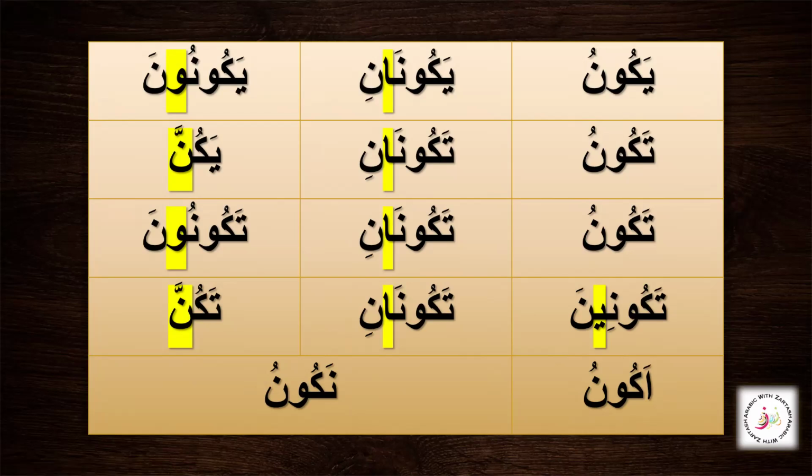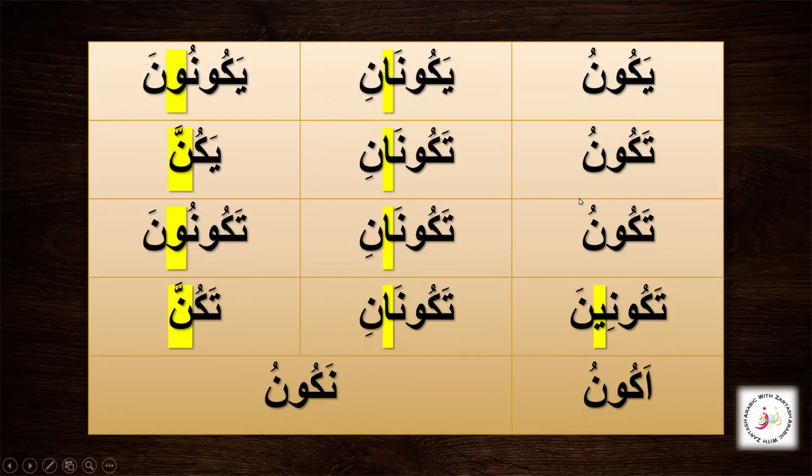Again, for yakunu and takunu, akunu and nakunu, we have damir mustatir huwa, damir mustatir hiya, damir mustatir ana, that is the ism of kana, and damir mustatir nahnu, that is also the ism of kana.